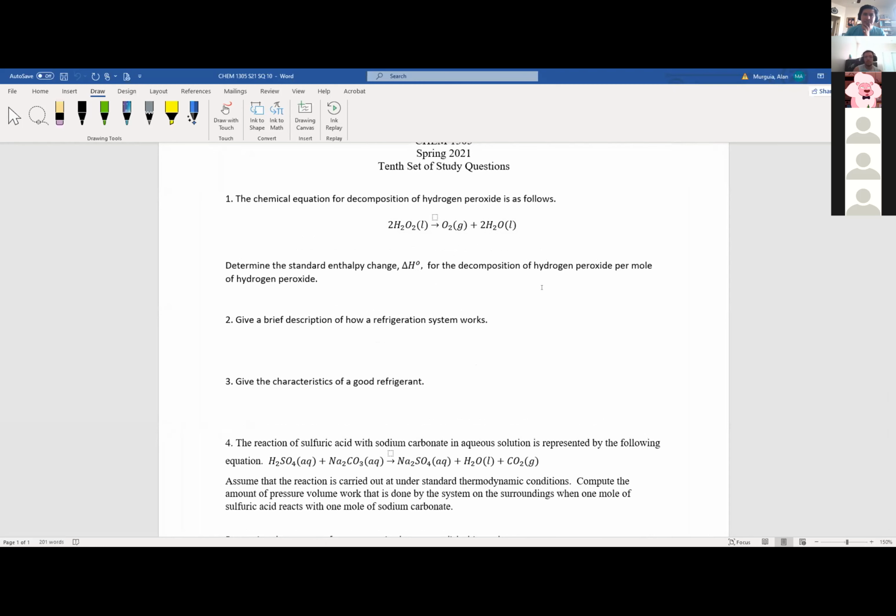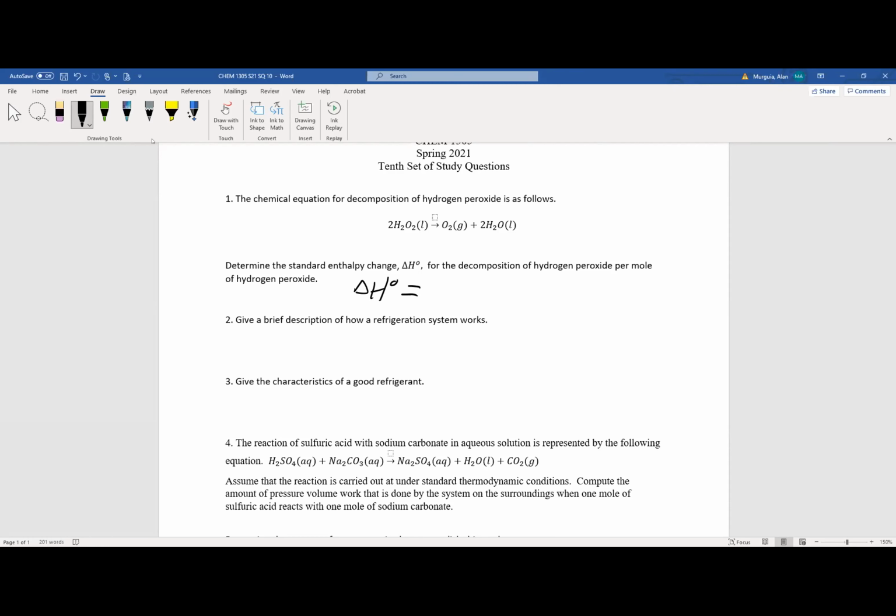What is that equal to? In this case, this is something that Dr. Alexander wants you to look up, so it's not given right off the bat. Who can tell me what the enthalpy of formation for hydrogen peroxide is here?